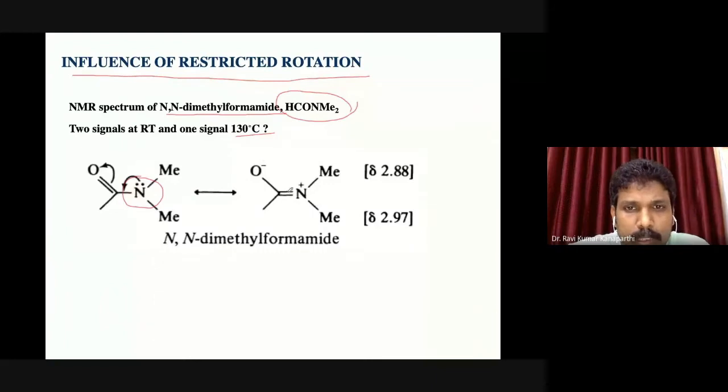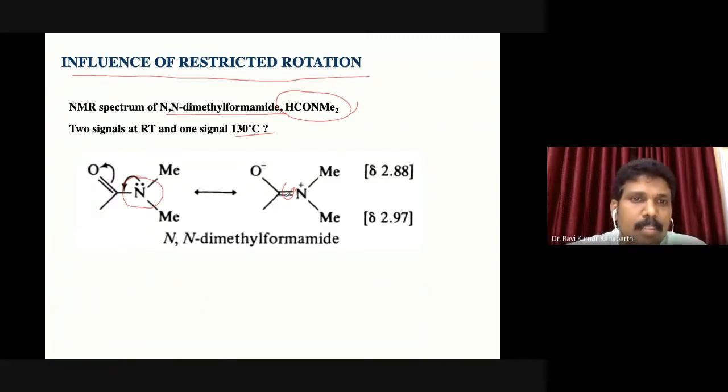You realize that there is a double bond between the C and the nitrogen because of the charge donation. Initially it is only a single bond, but later it becomes partially double bond in character because of the charge transfer from nitrogen.